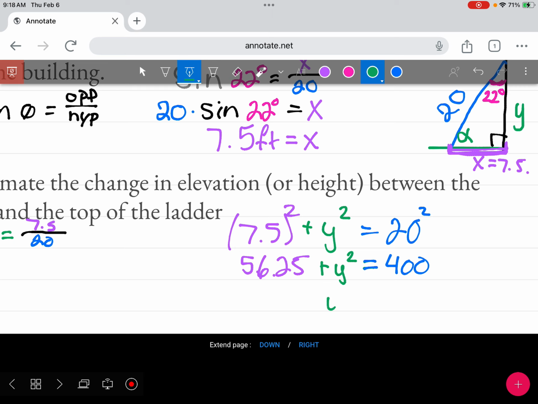So figure it around, go all the way down. What is our y going to equal? So y squared will be... yeah, about 18.54.